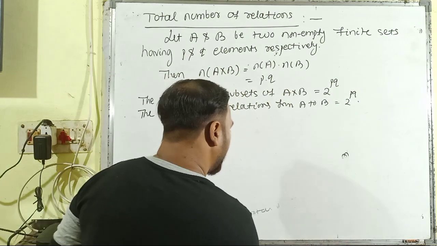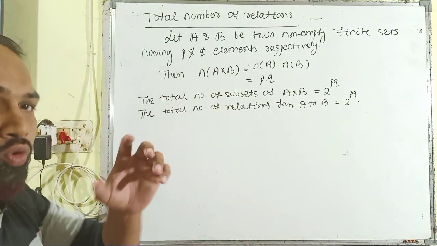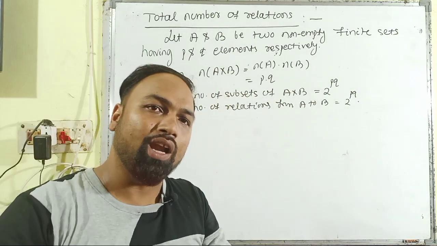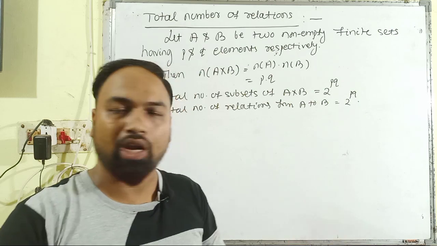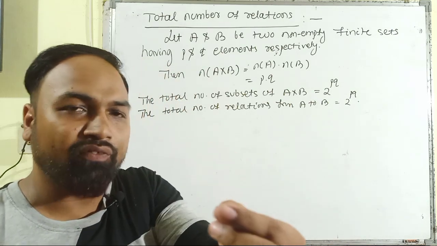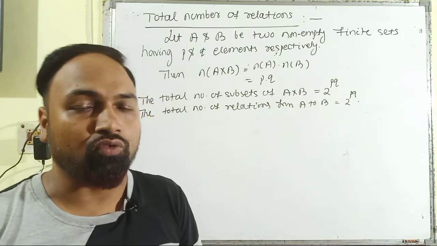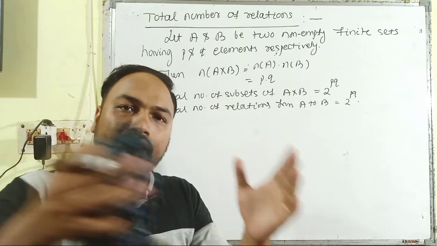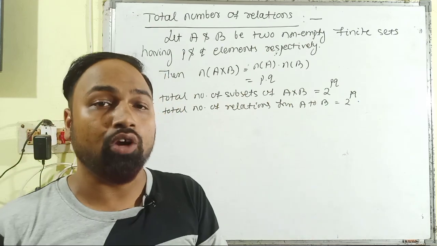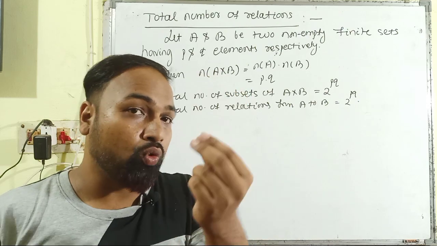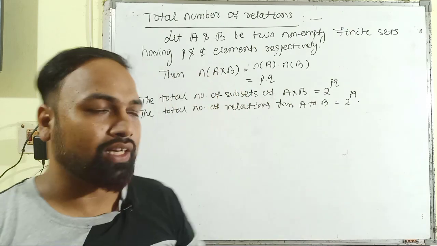In this pattern, we have to find the total number of relations, which is a little bit different from the set chapter. We have to find the Cartesian product and its cardinality, then find the total number of subsets of that Cartesian product.